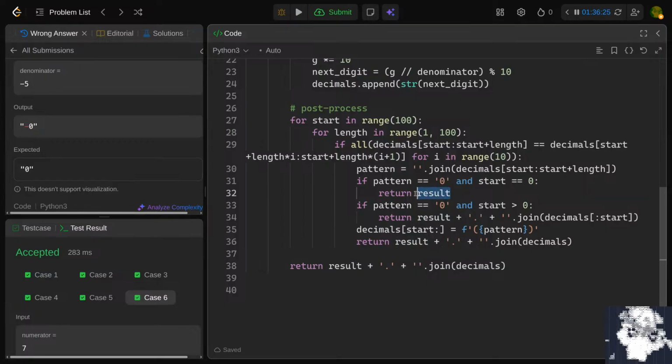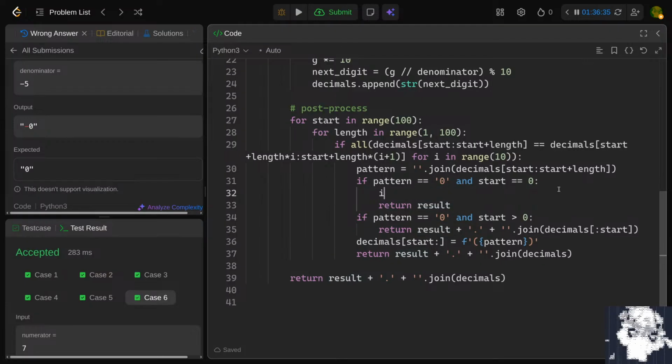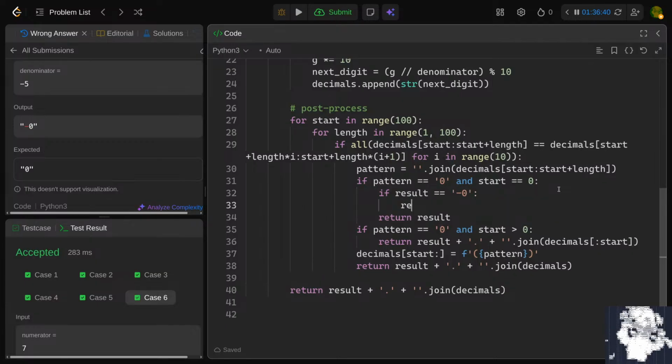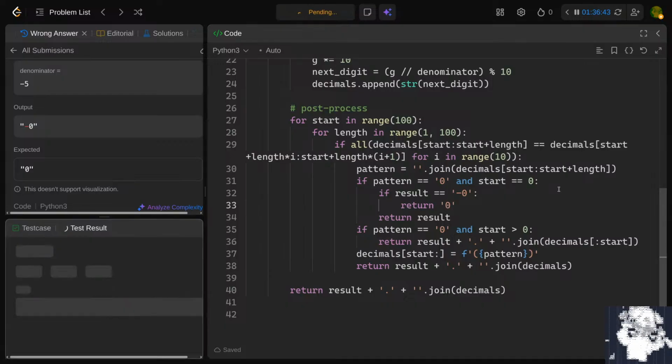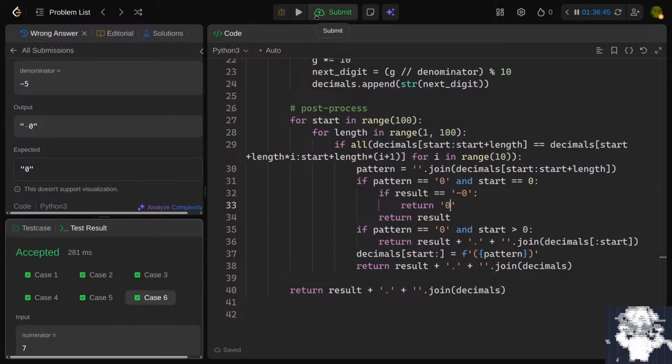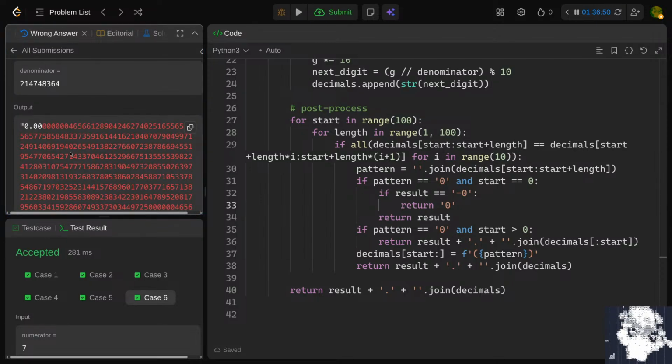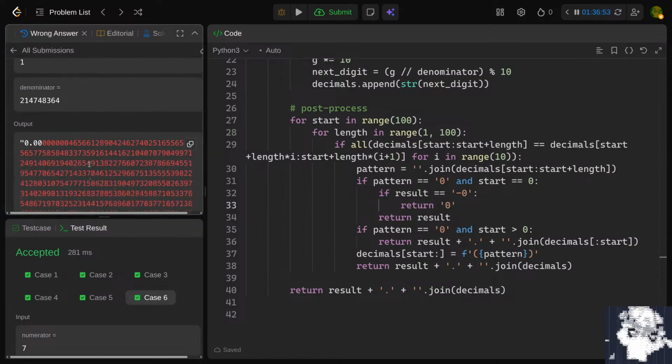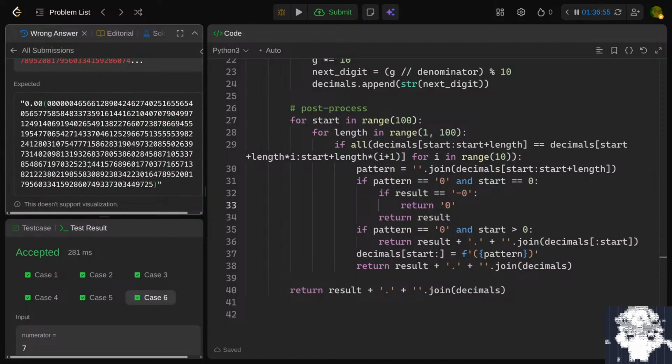And that would have to be this case. Okay, this is the kind of edge case I was looking for. When you have a huge repeating pattern, this is more than 100.